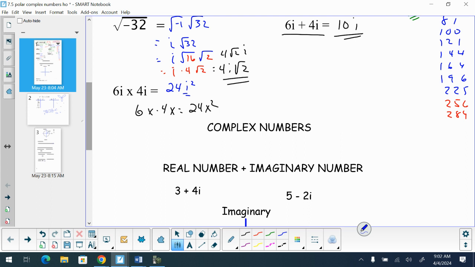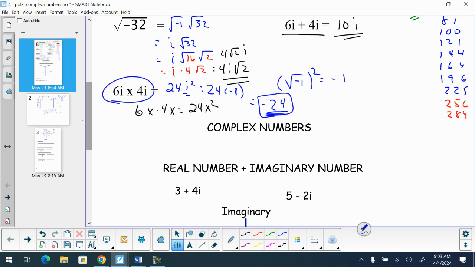That means we have the square root of -1 that we are squaring. If I take the square root of -1 and square that, what would we come up with? Micah? -1. So I have 24 times the value -1, which would give me -24.